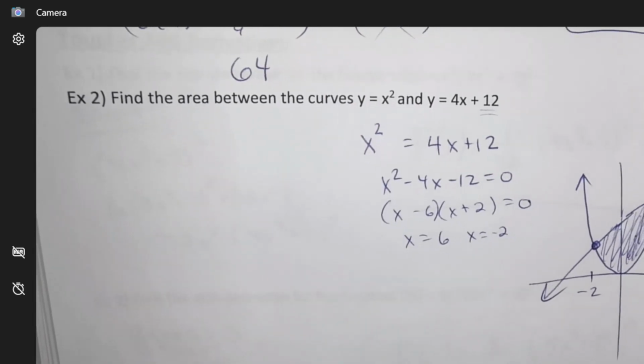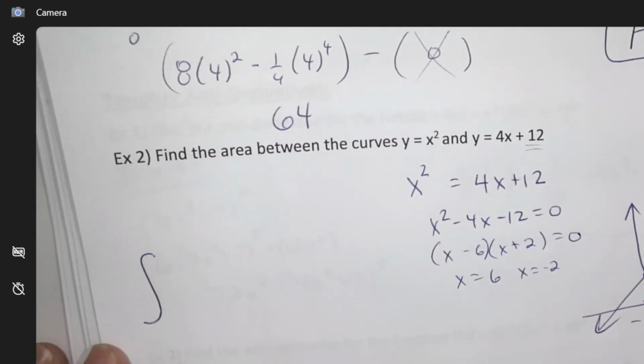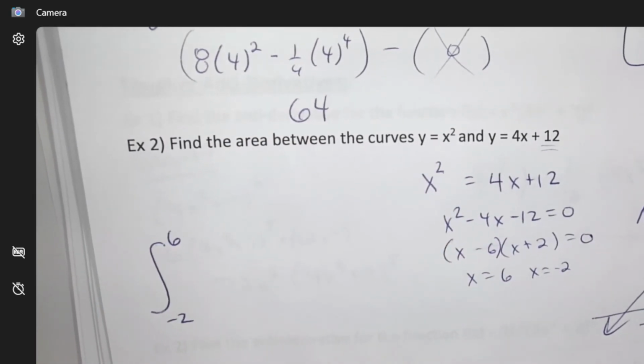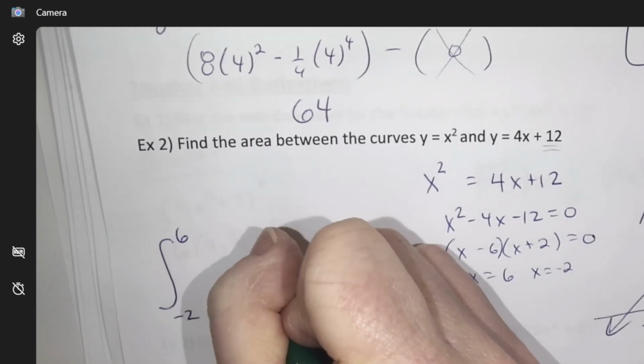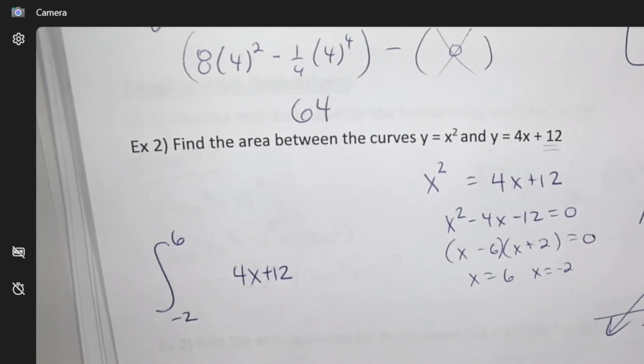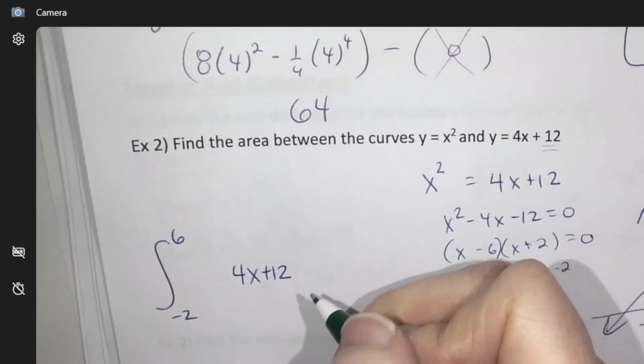Okay, so now we have to set it up. Okay, so the integral from -2 to 6. What do you want to do minus what do you want to do? Which one has more area to start with under it? The line or the curve? The line has more area. It's 4x plus 12. Subtract the area under the curve.